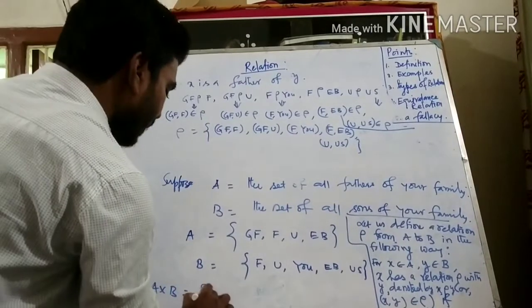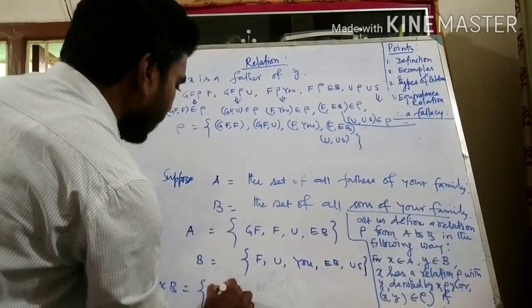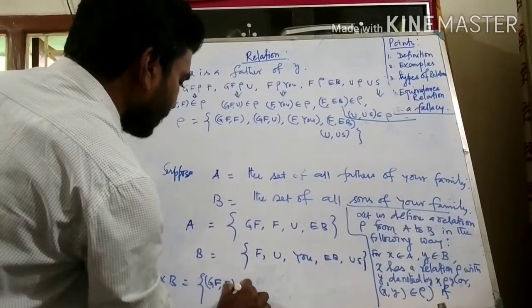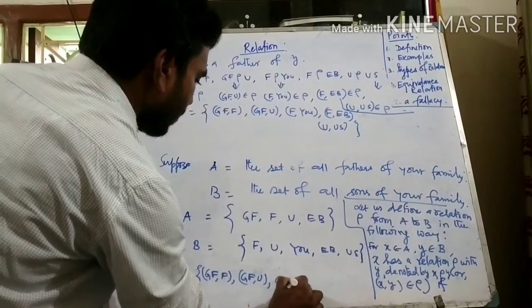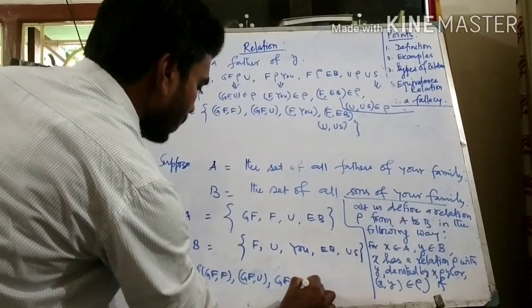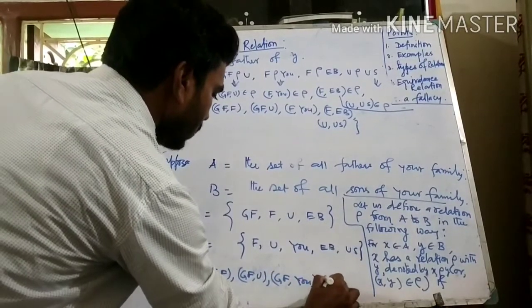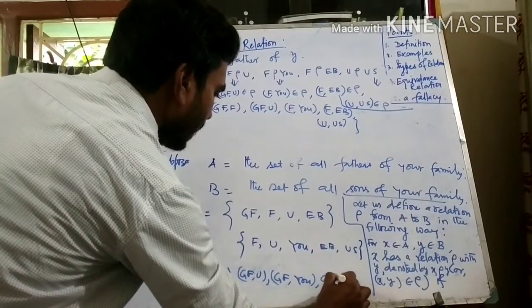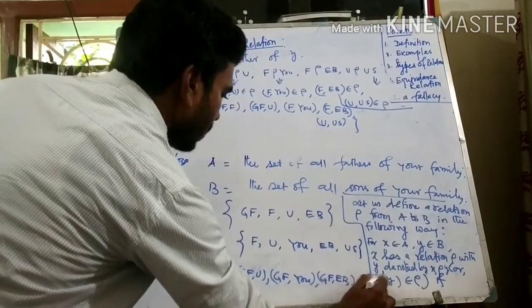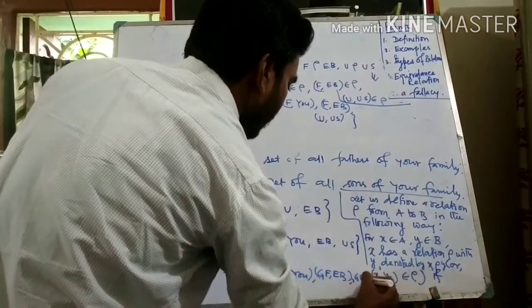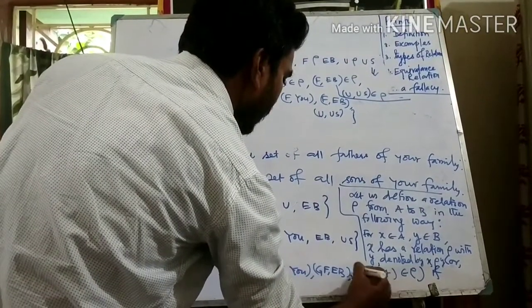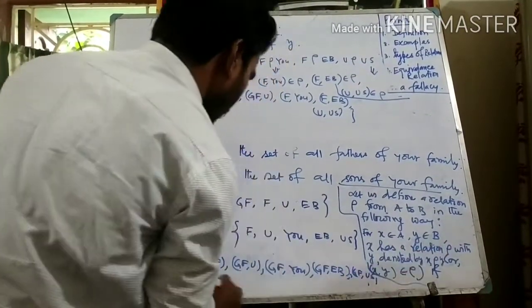The elements will be of the form (GF, F), (GF, U), (GF, EB), (GF, US), and so on.